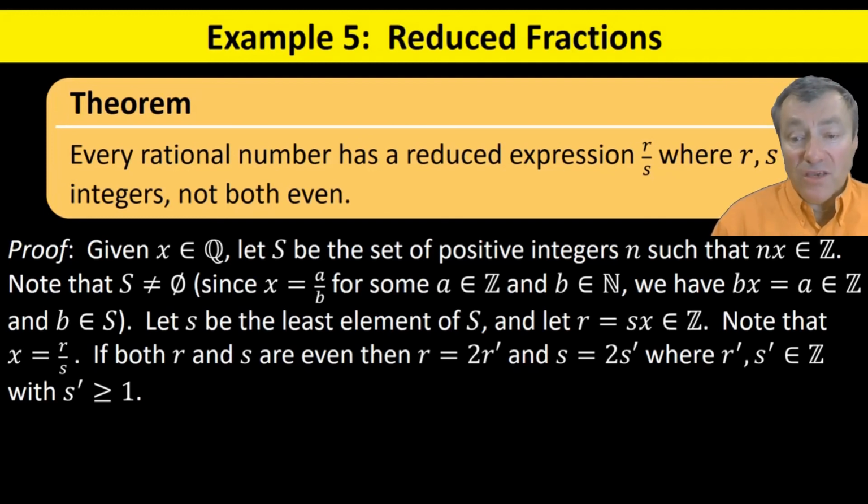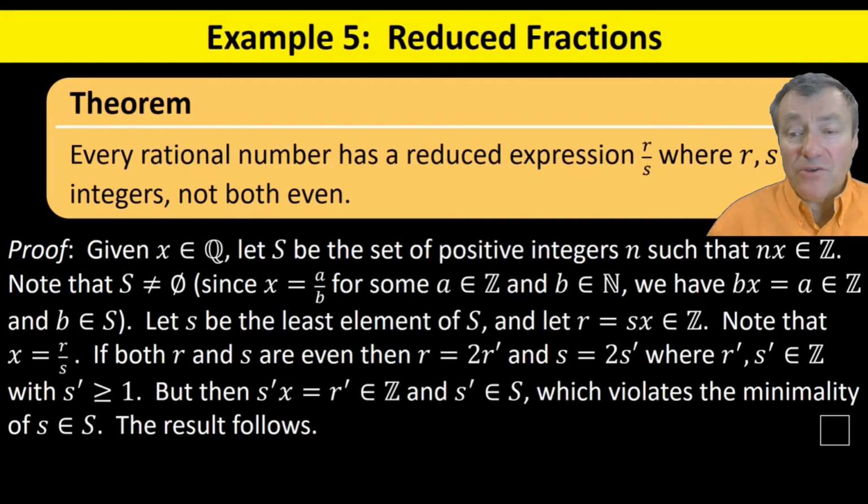Well, if they were both even, then r would be 2r prime, and s would equal 2s prime for some integers r prime and s prime, with s prime positive. But then you could cancel the 2's and get r prime equals s prime times x, which is again an integer. So then s prime would be in capital S. And this would violate little s being the least element of capital S. There's your contradiction. So with that, we are done.